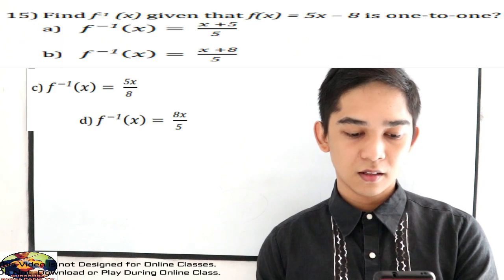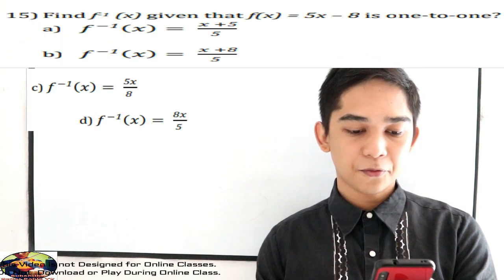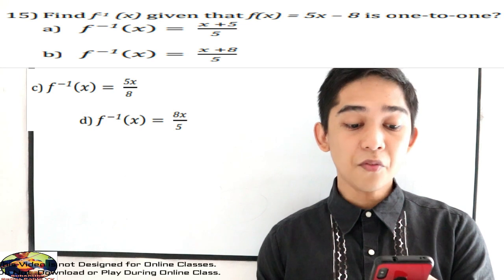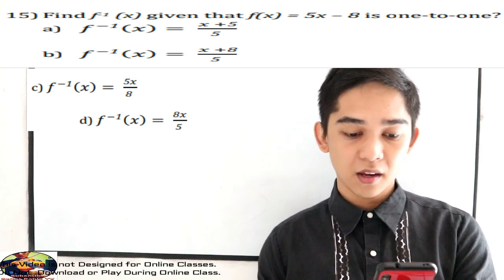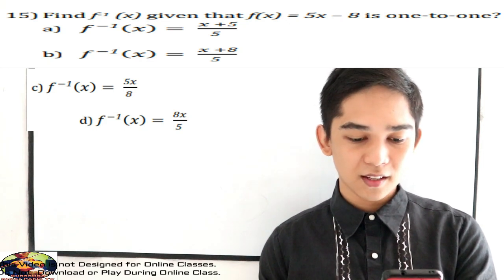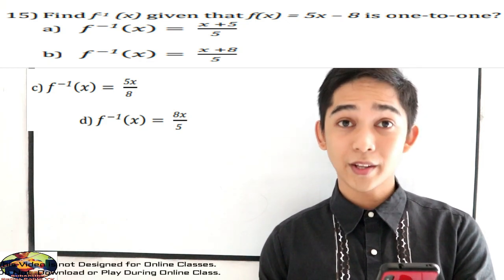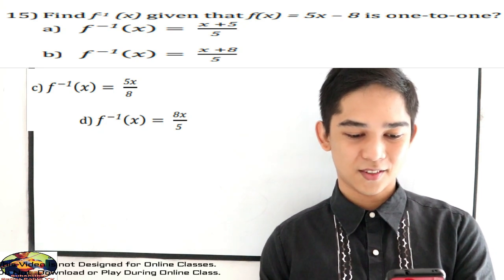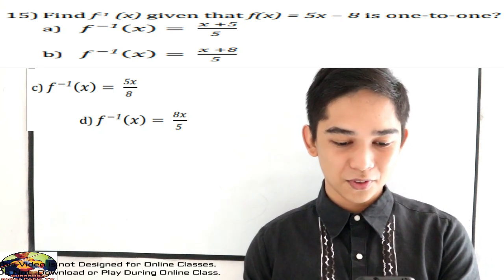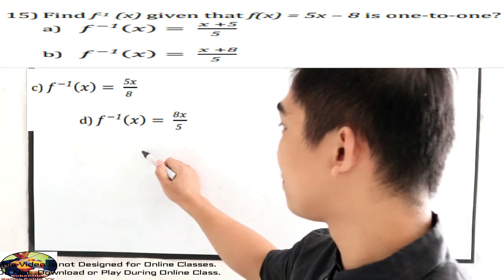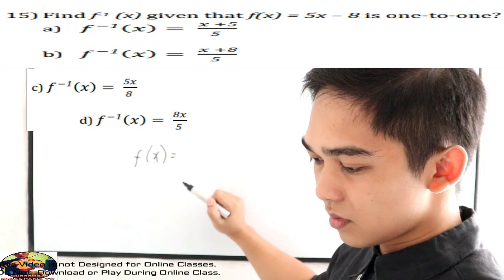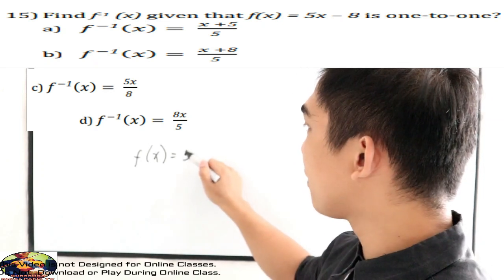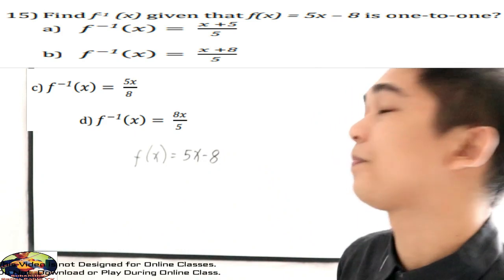And now for number 15, the question is, find the inverse of f of x given that f of x is equal to 5x minus 8 is one to one. Okay, we're going to solve f of x is equal to 5x minus 8.